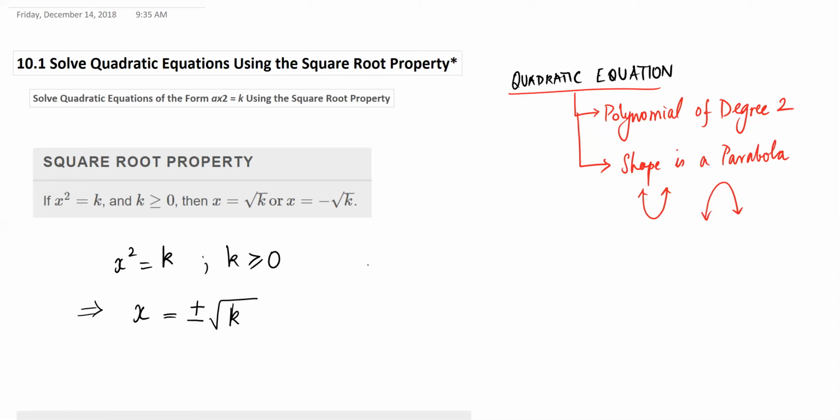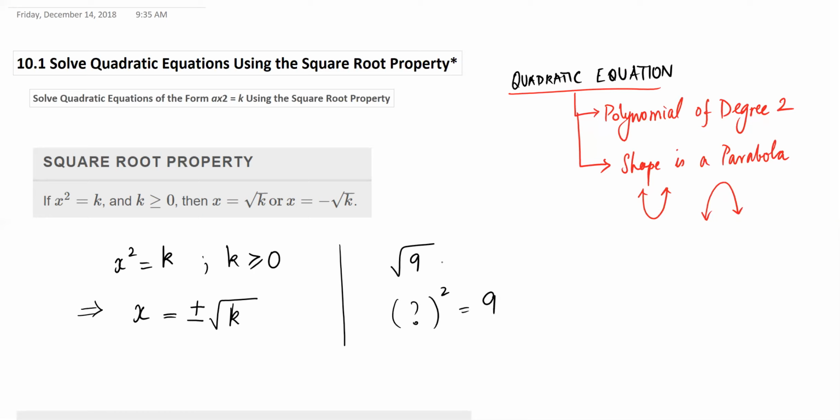So let's look at this with a quick example. In fact, we saw this in chapter 9 when we were talking about, let's say, square root of 9, right? So you're asking yourself, what squared is 9, right? That was our question, to find the square root.